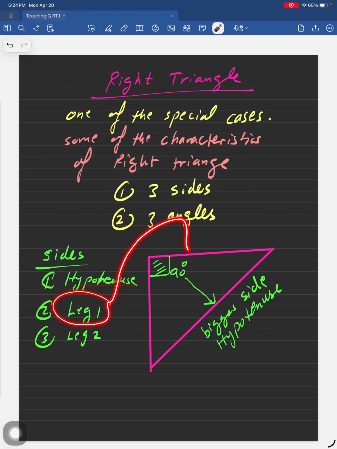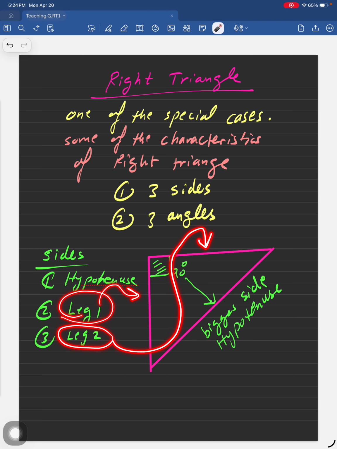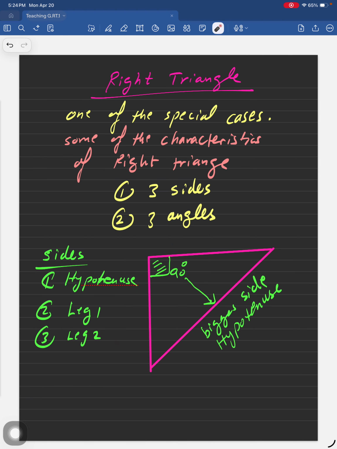For example, this side could be leg 1 and the other side leg 2. At the same time, you can take this side as leg 2 and the other side as leg 1. So for simplification, let's say this is leg 1 and here is leg 2.